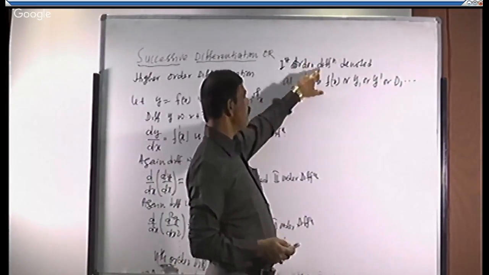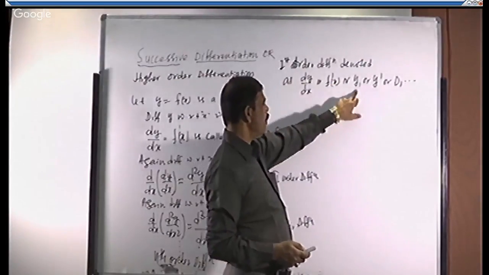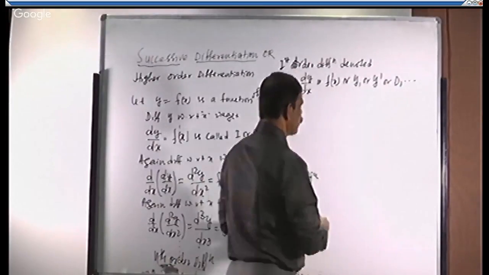First order derivative is denoted by dy by dx, f dash x, y1, y dash, D1 etc.